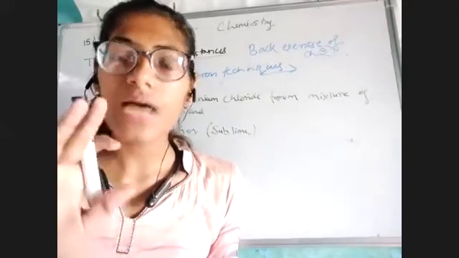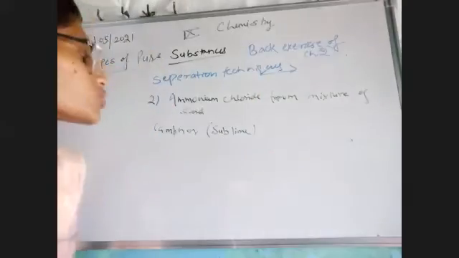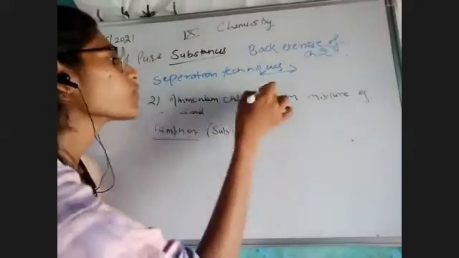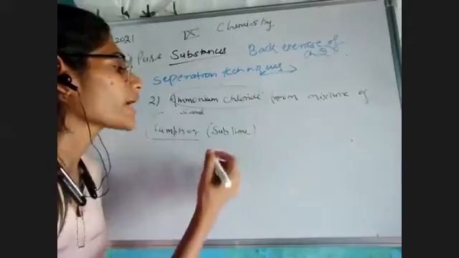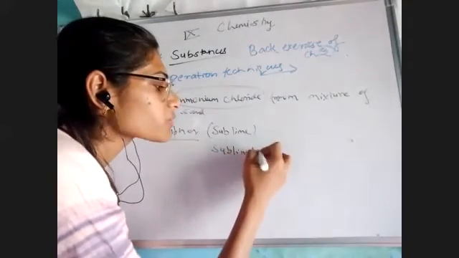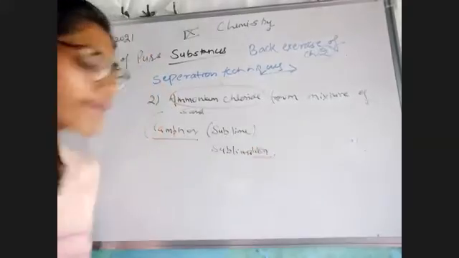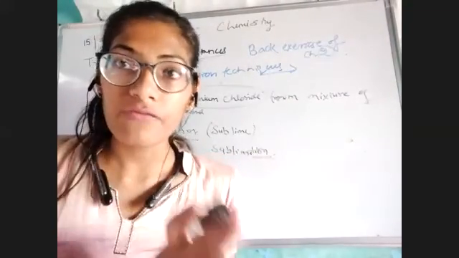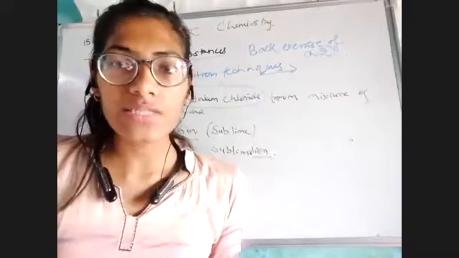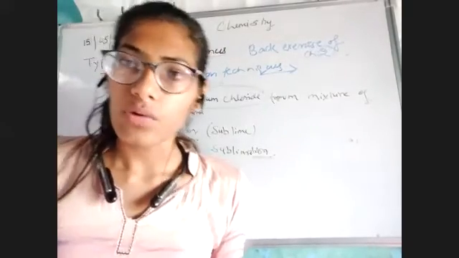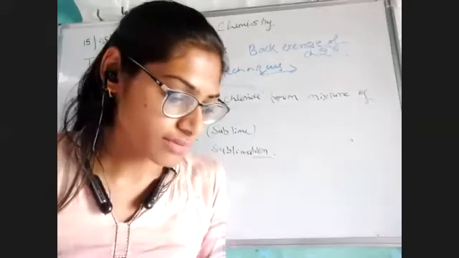Just as camphor is a sublime, ammonium chloride is also a sublime, which can be separated by the sublimation process. We have studied this topic in detail, like we separated camphor from salt. In the same way, we can separate ammonium chloride from salt. Okay, so this was all about this question.